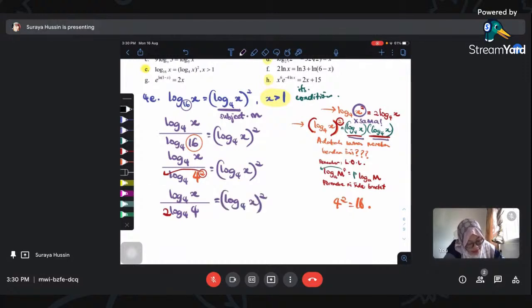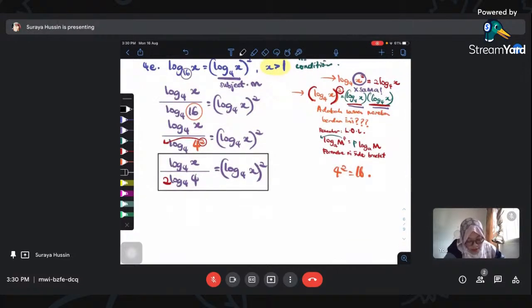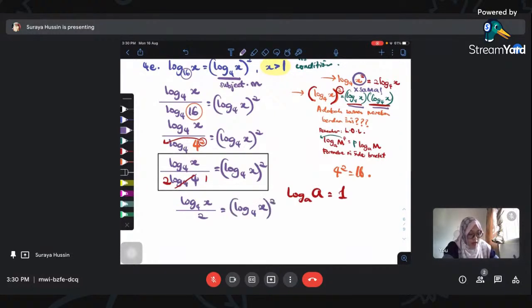So dah sampai sini. Maksudnya kamu hampir kepada substitution. Okay, log A A is 1, right? So this is 1 lah. So log 4m divided by 2 is equals to log 4x, the whole thing square.